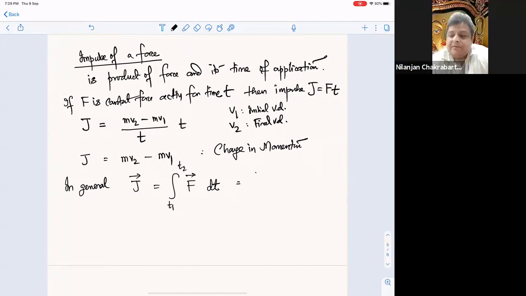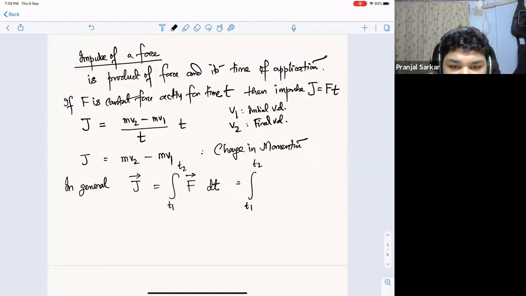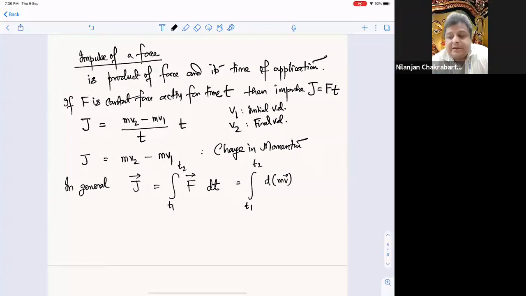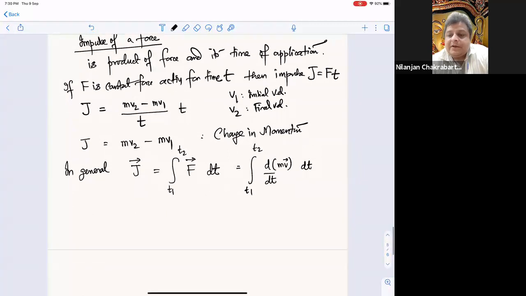Force is d by dt of mv. Now what do you get? Integration of d of mv is what? mv.